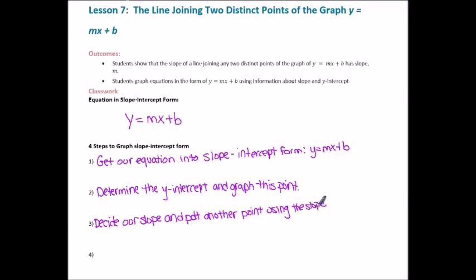Then number 4, we can simply draw the line. And of course, label. Oops, I spelled plot wrong here.